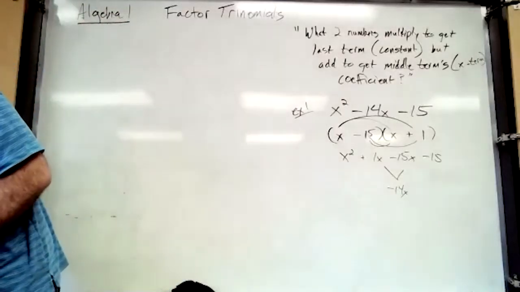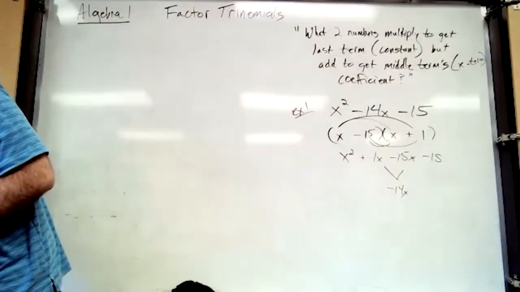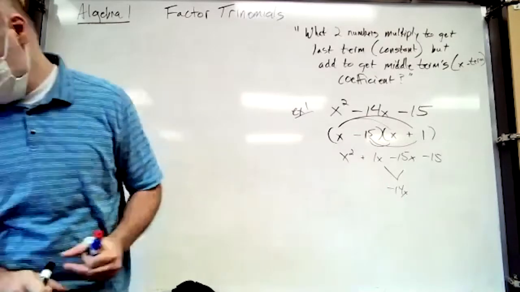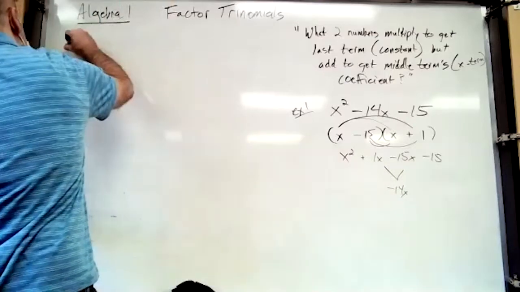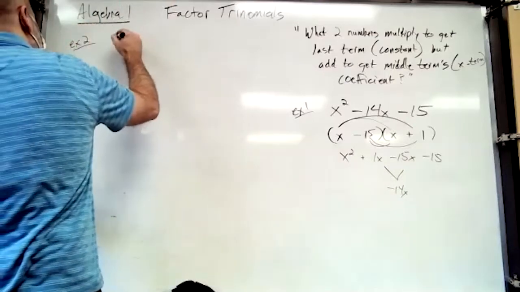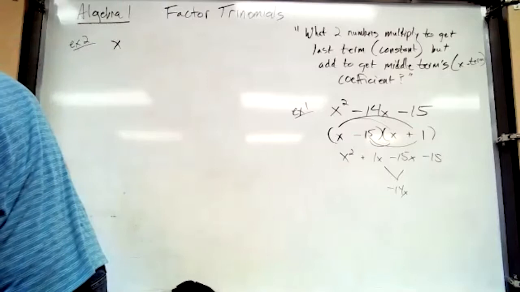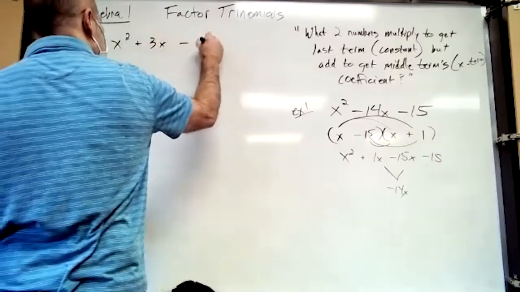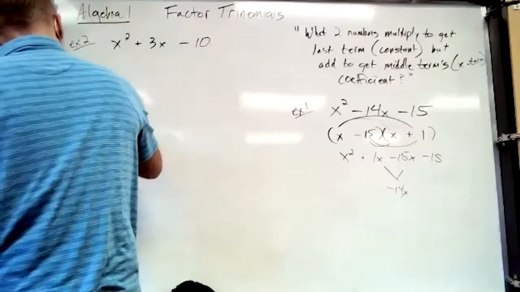All right, let's try 3 more examples. Example 2. I'll just write them all up here, see if you can factor them. X squared plus 3x minus 10. Example 3.